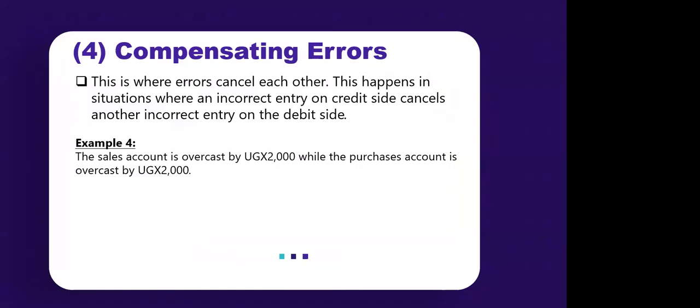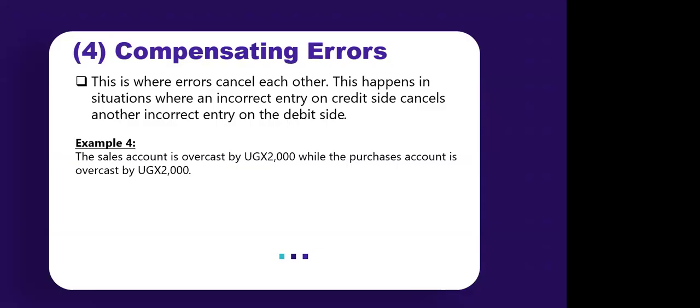So you will get scenarios of overcast, undercast, etc. But if there are two accounts in that particular scenario and it is the same amount, it means those two are going to cancel each other, one on the debit side, one on the credit side. So the trial balance will not detect that.